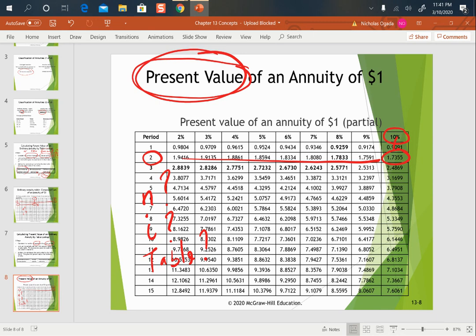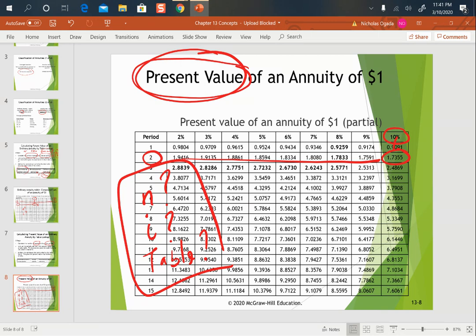You also have the future value of an ordinary annuity, in addition to what we learned in our previous chapter, where we're looking at the present value of a single amount and the future value of a single amount. So these three are very important to us. It's the number of periods, your rate per period, and of course making sure that you are looking at the correct table.